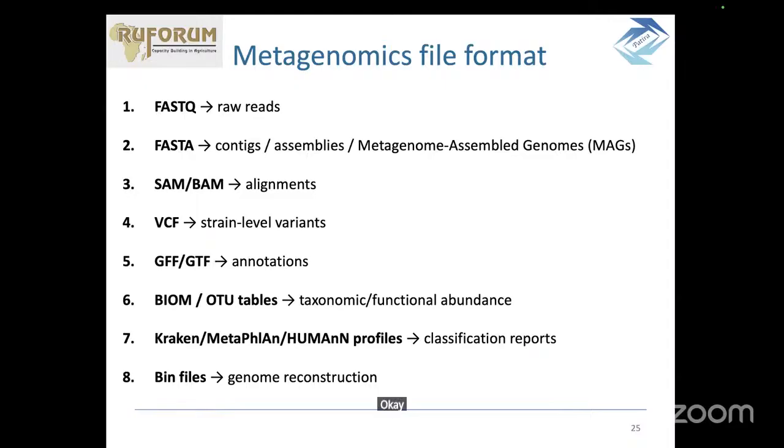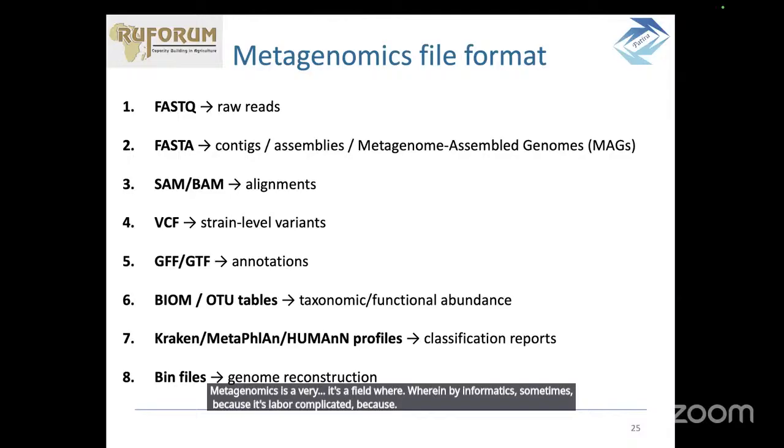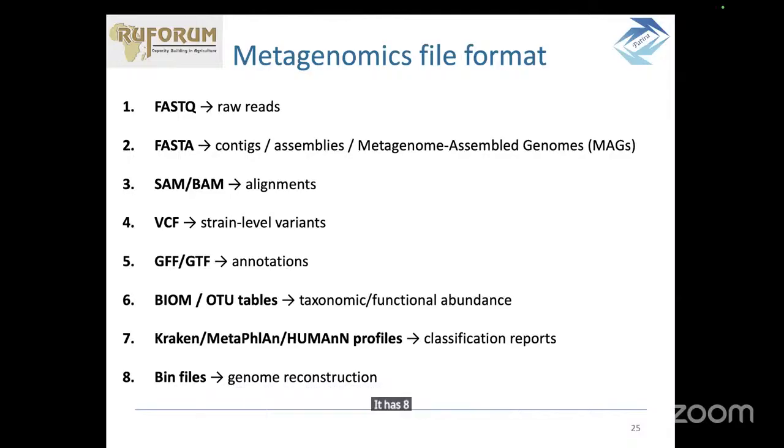Okay. So what are the file formats that are used in metagenomics? Metagenomics is a field where bioinformatics sometimes becomes a little complicated because they send you different types of data. When you're working in the lab, some labs can send you a FASTQ file.